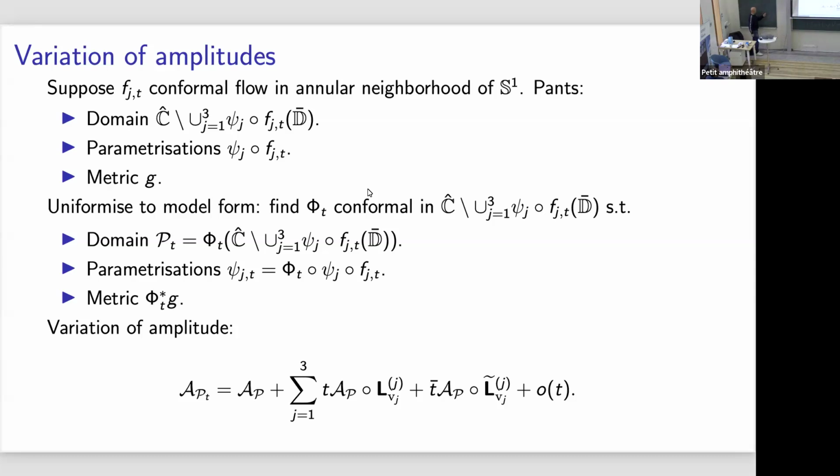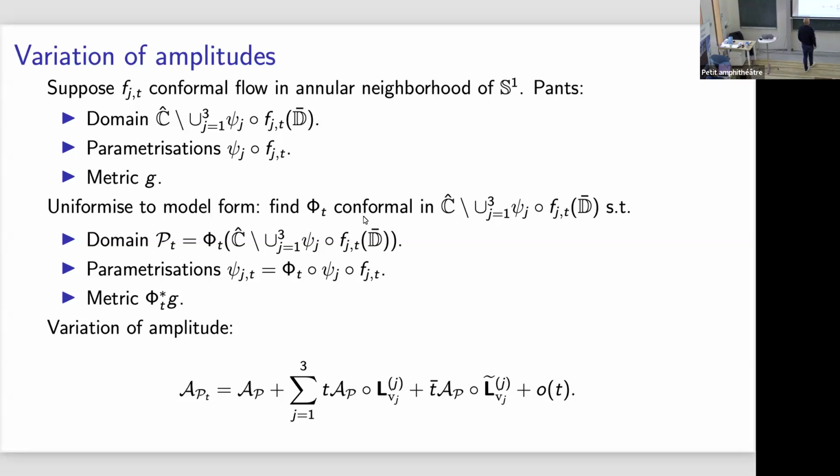The amplitude is now given by the new green boundaries, and you want to find what happens to this new amplitude. There is some abuse of notation here. F_j^t is not defined on the disk. It just means the domain is given by the new boundaries that you have perturbed. It's not true that I can consider the image of the disk by F_j^t. It's an abuse of notation.